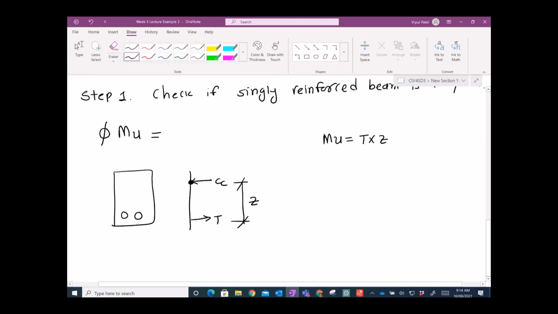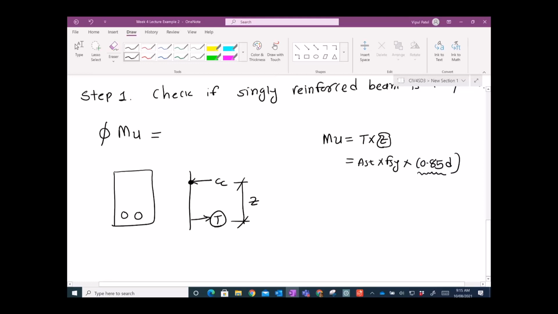We can take the moment about this point. So this is T times Z. T is basically AST, the tension force, times FSY. And the lever arm is basically 0.85D. This is just an assumption saying that the lever arm generally falls there. This is very conservative, but to start with, we want to take a very conservative assumption.